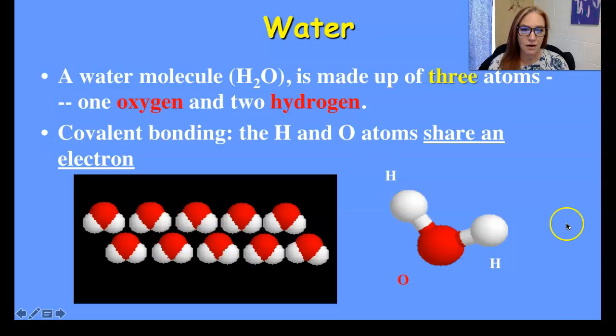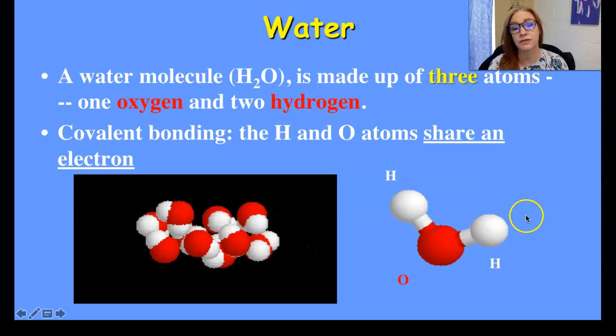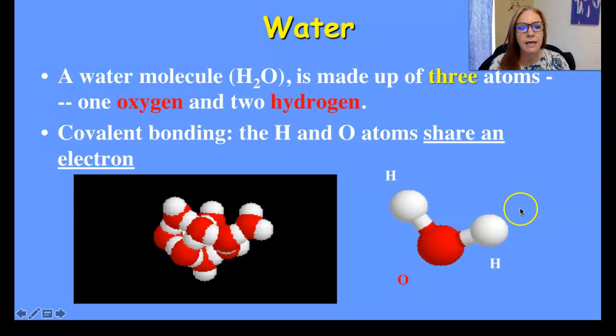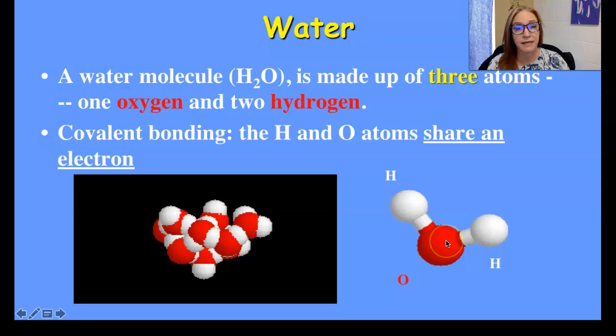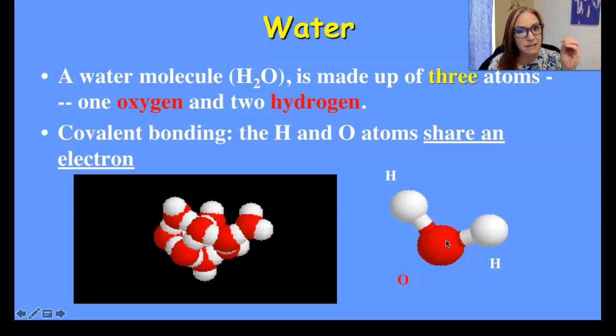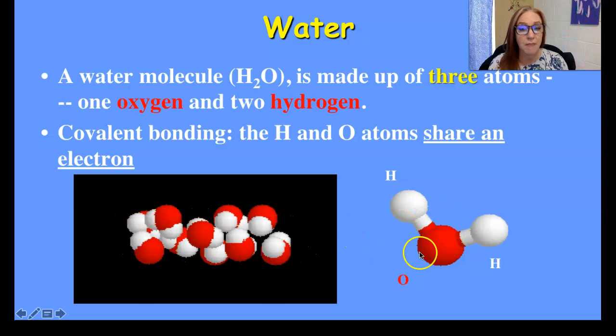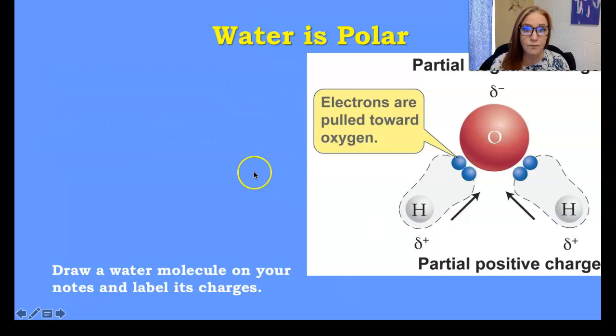Hydrogen atoms have one electron. They start to share that with the oxygen, and that bonds them together into a water molecule. What that also does is create a state in a water molecule that makes it polar.